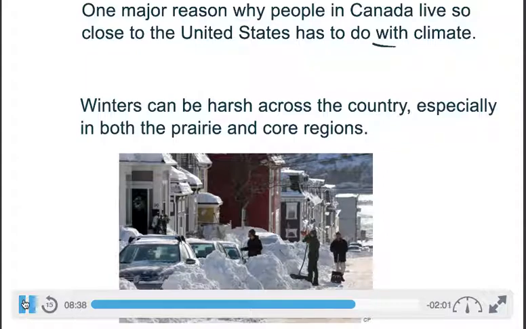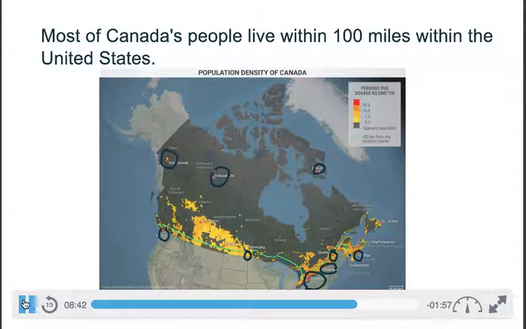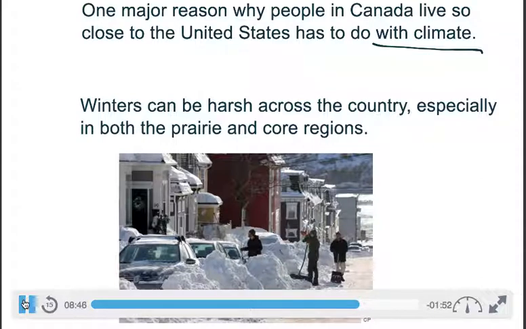Alright. One major reason why people in Canada live so close to the United States has to do with climate. Weather is a big reason why so many people live in this area. And the big reason not only is the climate, but it's their winters. Keep in mind, the further north you are, the colder your winters are going to be. Not only are your winters going to be colder, but they are also going to be longer.